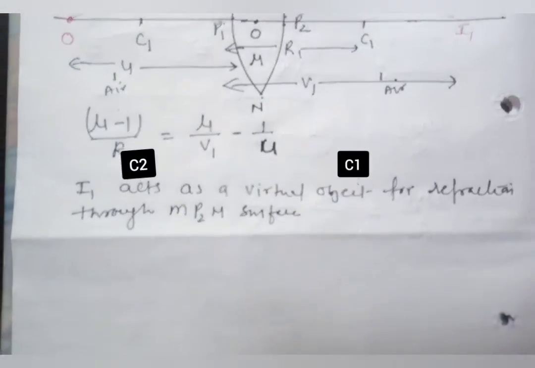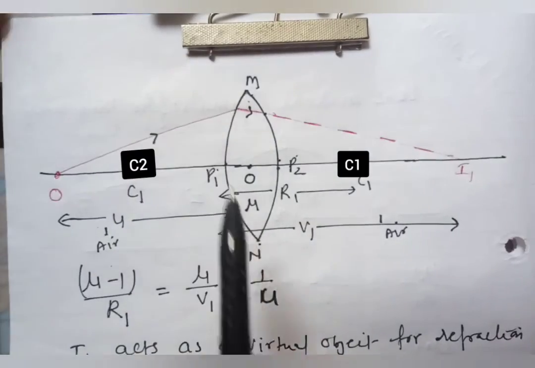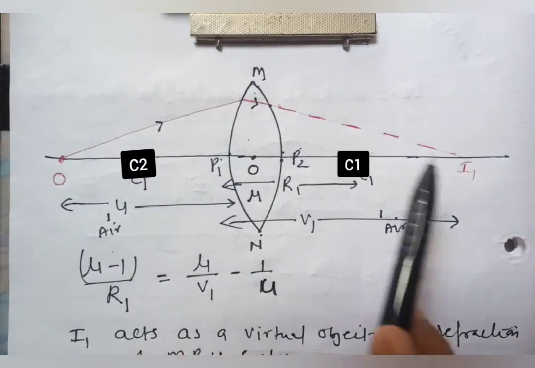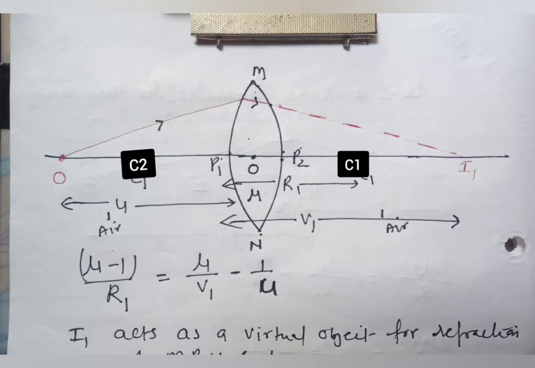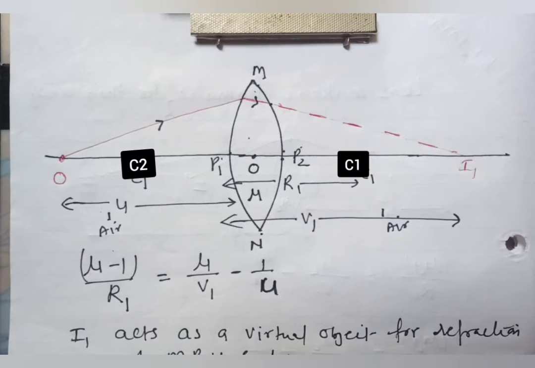Keep in mind that the light ray travels from denser medium to rarer medium, so we utilize the formula mu minus 1 upon r, mu upon object distance minus 1 upon image distance.